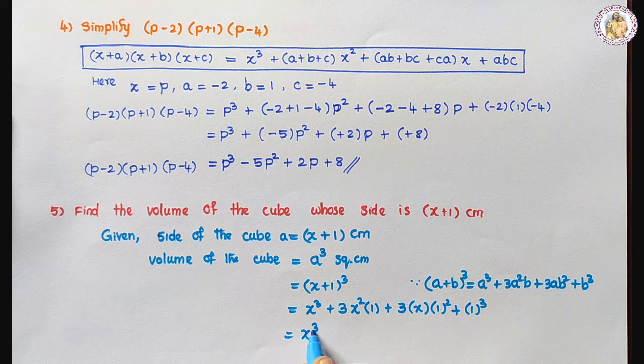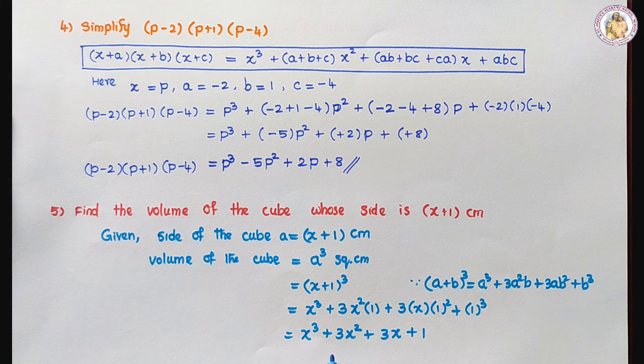So x cube plus 3 into 1, 3x squared. Here plus 3 into 1 square means 1, 3x, plus 1 cube means 1.